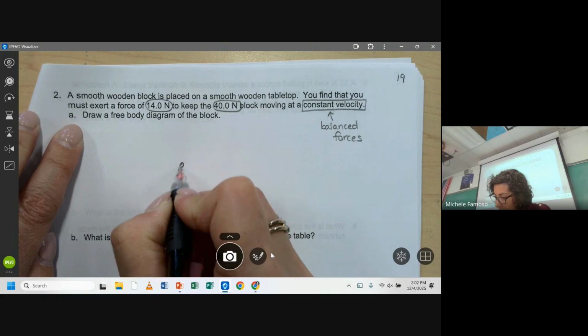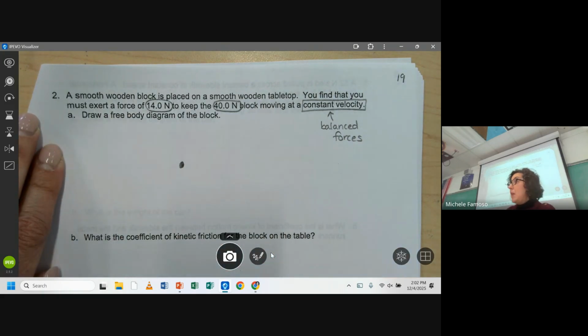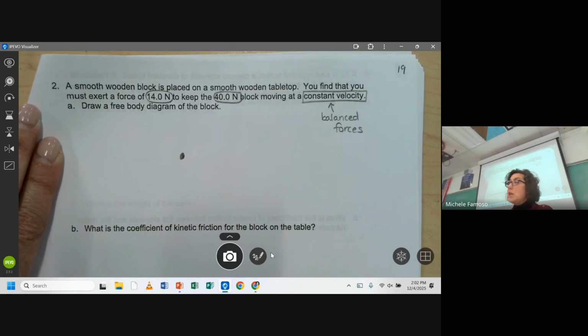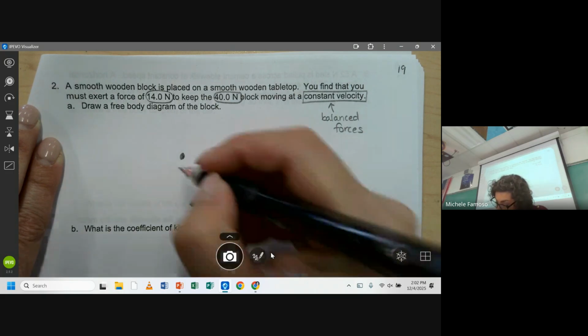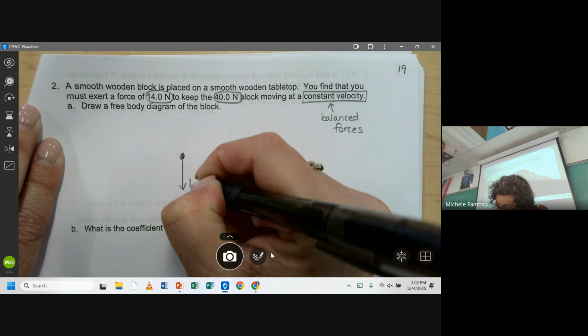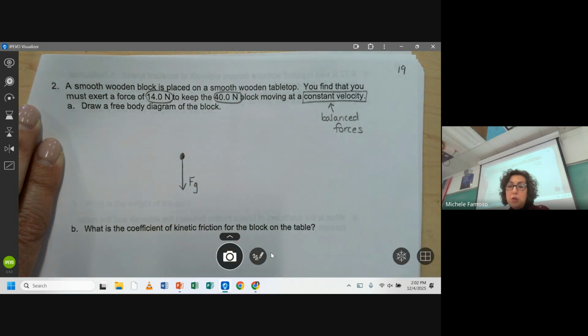All right, so let's start. That dot is my block. Alucci, can you name a force acting on the block? Correct. Jacoby, can you name another force acting on the block? Yep.